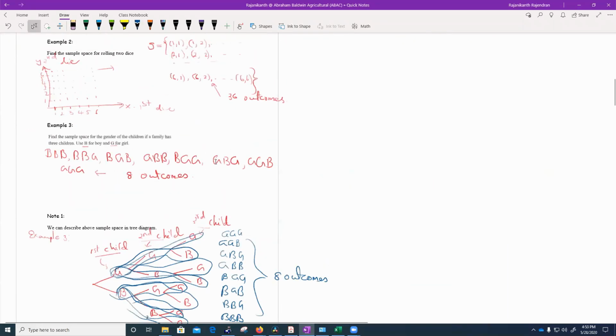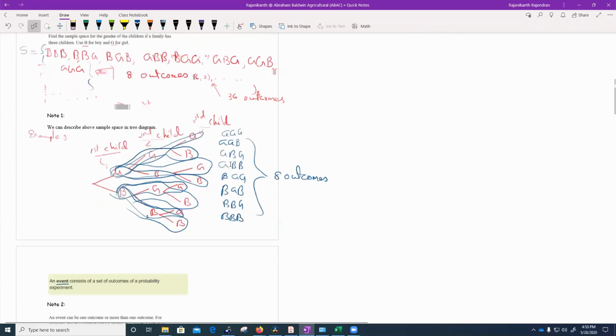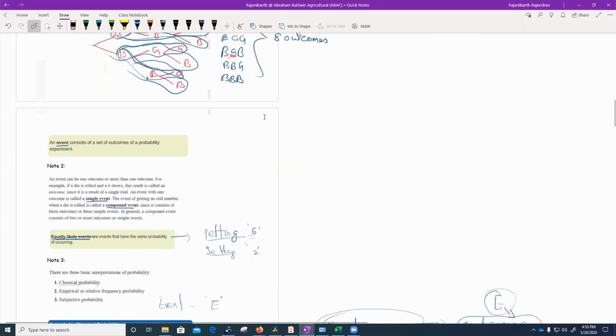So we did the possible outcomes for a 3 children family. My sample space S was the collection of all 8 possible outcomes. So this is my sample space. There are 8 of them, so the little n of S is 8 here.